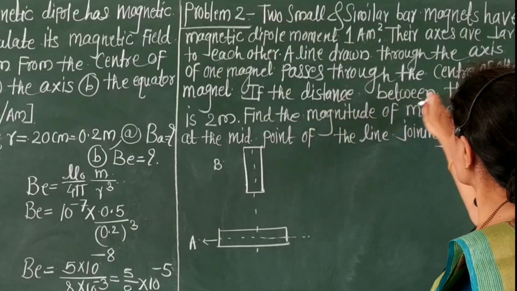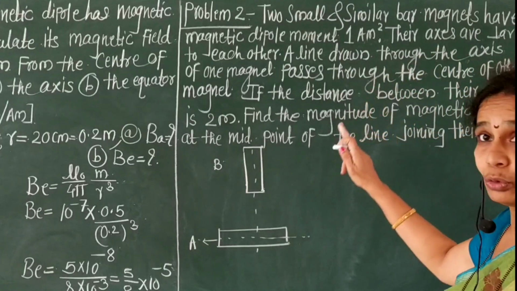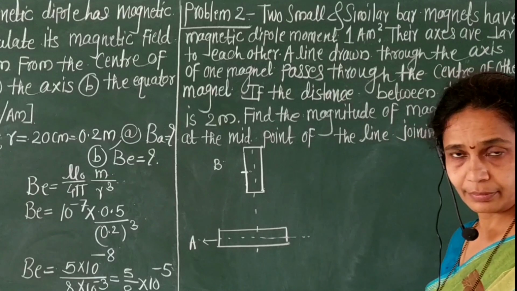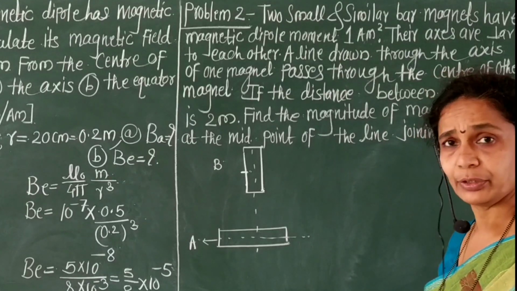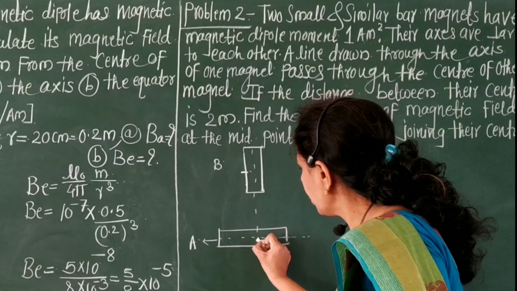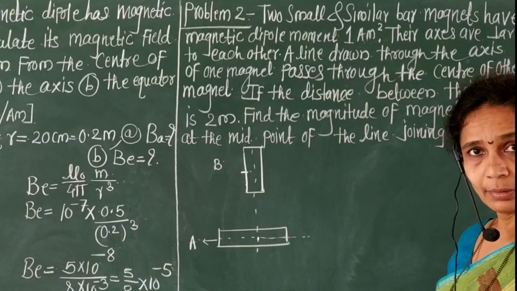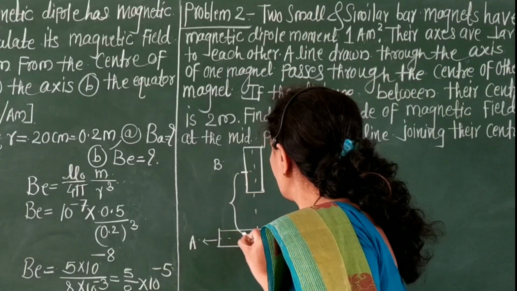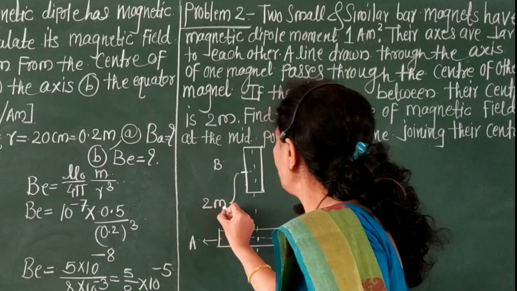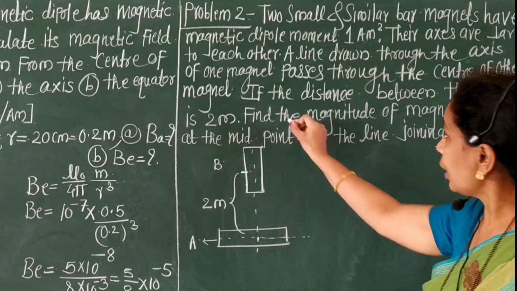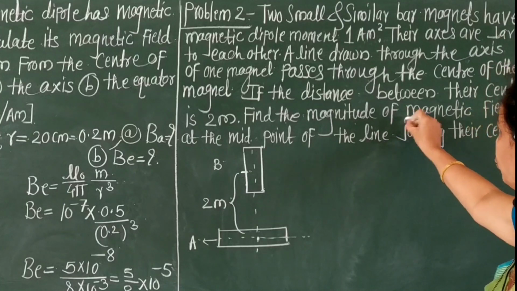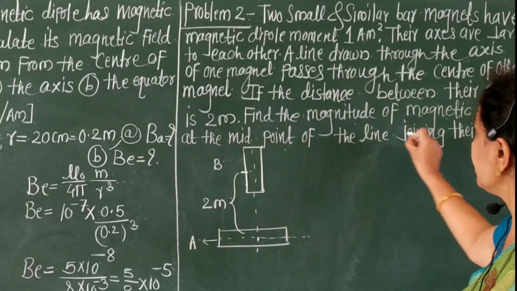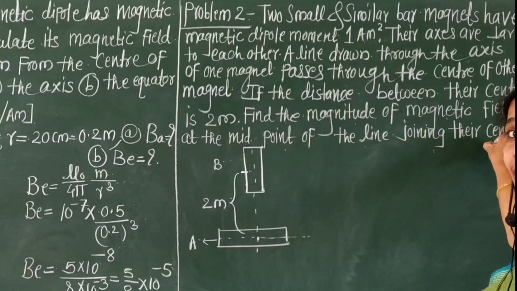Then if the distance between their centers is 2 meter, this is the center of first magnet you say, or magnet B you say, and this is the center of the magnet A you say, and this distance is 2 meter. Okay, now find the magnitude of magnetic field at the midpoint of the line joining their centers.